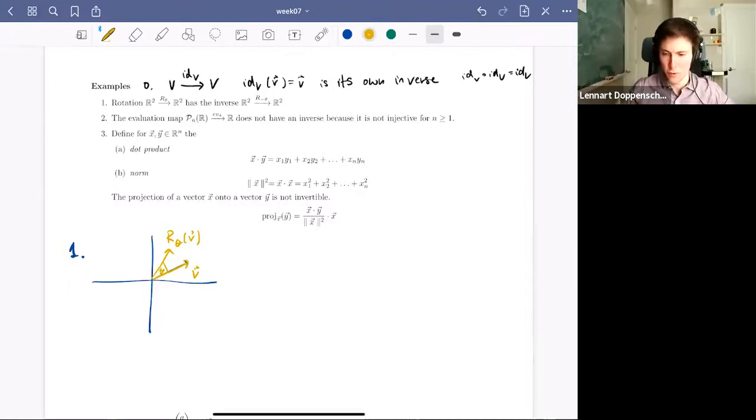And of course, you can rotate it back. By the way, I don't think we did this in class, but it's good to know the matrix of the transformation R theta.